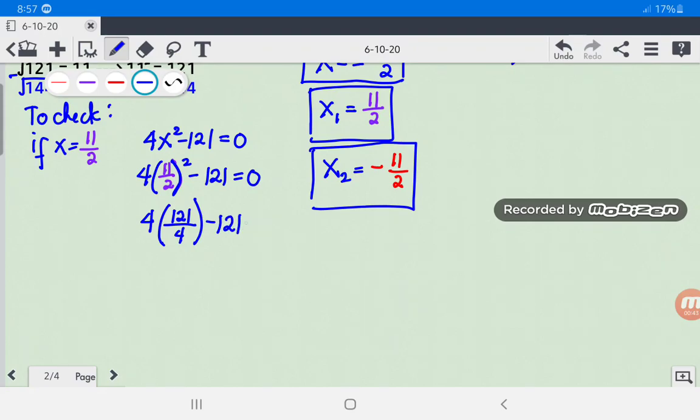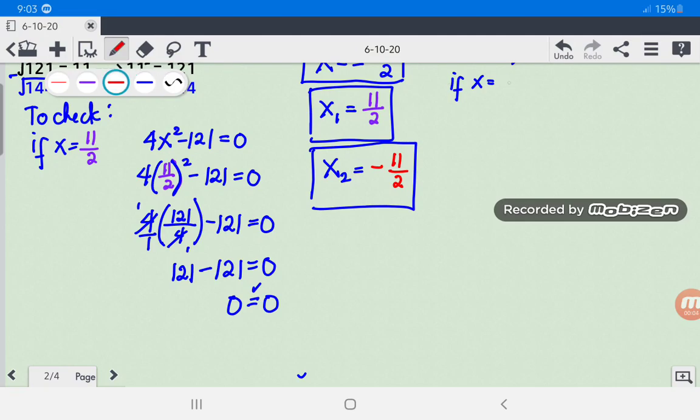Now the denominator of 4 is 1. So you can now cancel 4 as the numerator and 4 the denominator of the second term. So that is 1. So we have 1 times 121 is 121 over 1, minus 121 equals to 0. So 121 minus 121, that is 0, equals to 0.